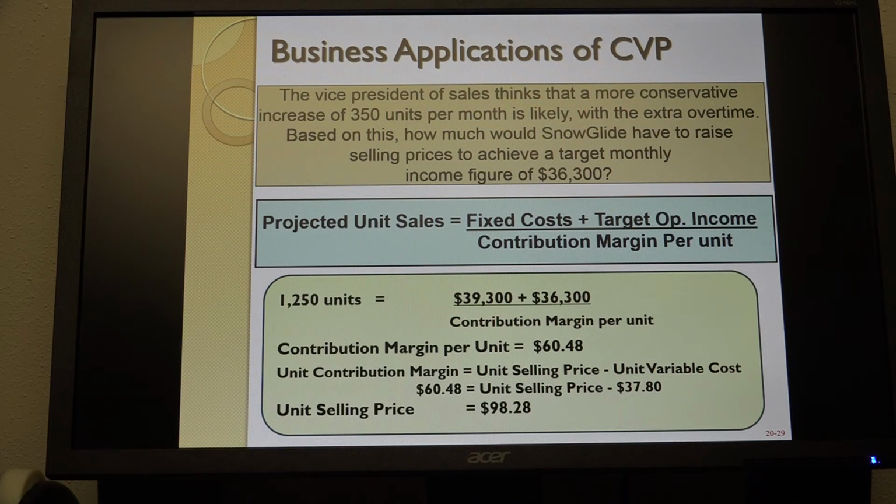That's our 39,300 plus 36,300. What we have to figure out is our contribution margin per unit. And so we take our unit selling price.